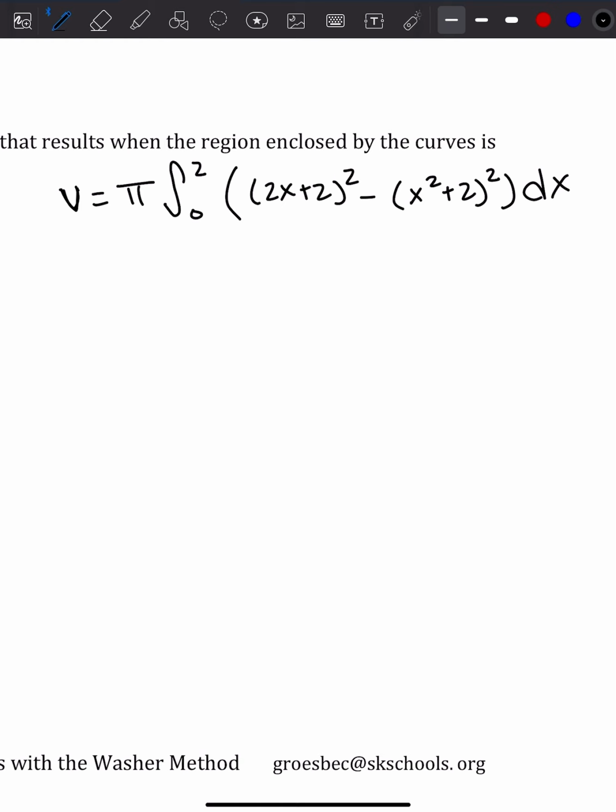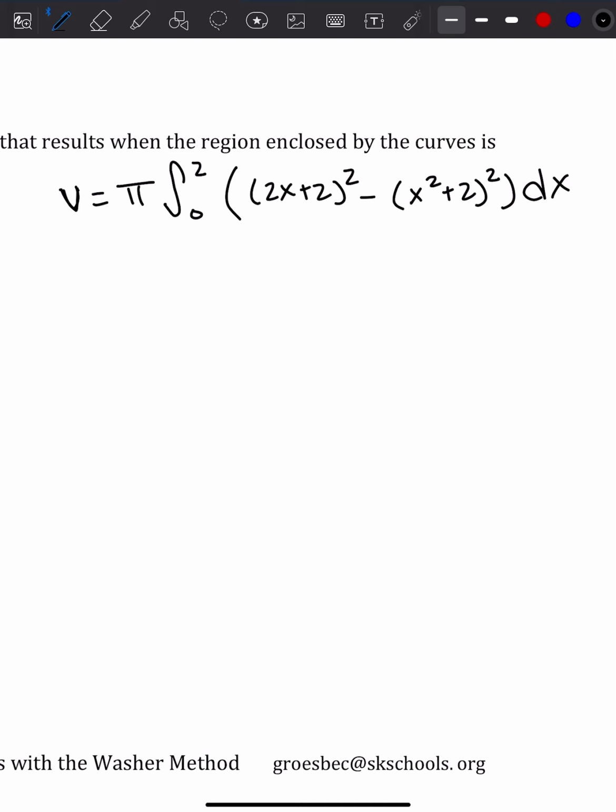So I need to remember to take that radius and square it. If we had to solve this out by hand, we would need to square both pieces, simplify the equation as much as possible, do our integration like normal, use FTC number 1, plug in those bounds, and simplify.